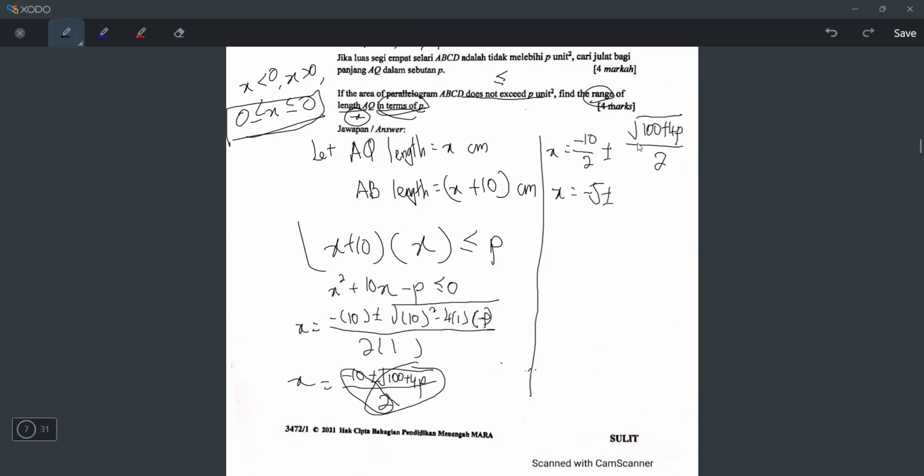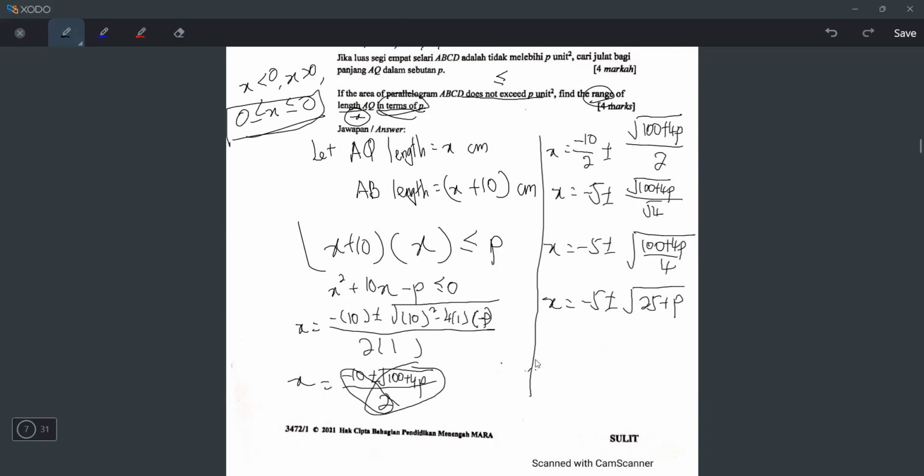How to simplify this? Square root of 100 plus 4p. Let's make the 2 also have a square root, square root of 4. The reason is if I make them both have square root, I can combine them like this, 100 plus 4p over 4, and then I can simplify. Become negative 5 plus minus, 100 divided by 4 is 25, 4p divided by 4 is p. So that's the answer. That's my x value in terms of p.